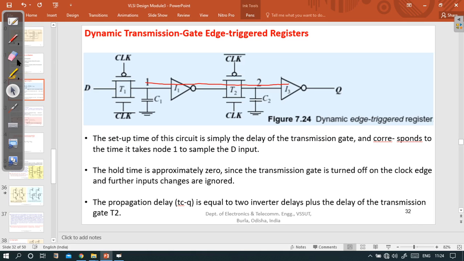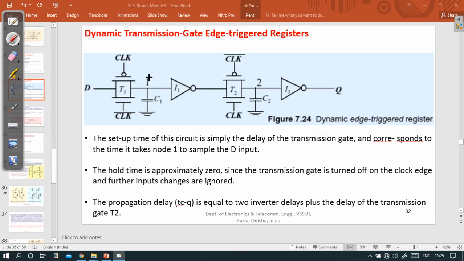Look at this. The diagram of a dynamic transmission gate edge-triggered register. Here we have shown the parasitic capacitors, and this is the first transmission gate, and the second transmission gate, and second parasitic capacitor.